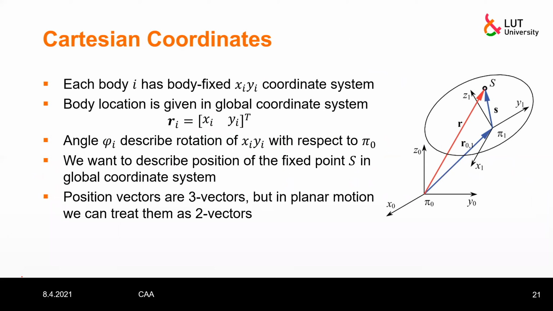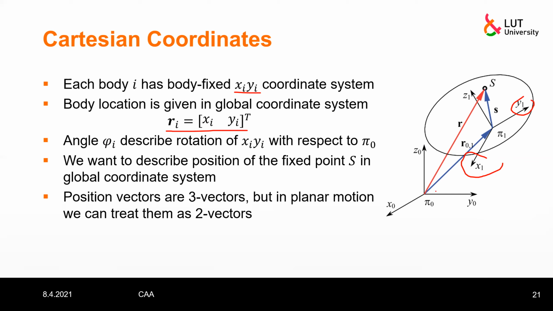Cartesian coordinates. We choose to use Cartesian coordinates because we believe that it will be easy to describe the motion of the system. It's done in such a way that each body i has a body-fixed xi coordinate system, like here. Body location is given in global coordinates, like that.